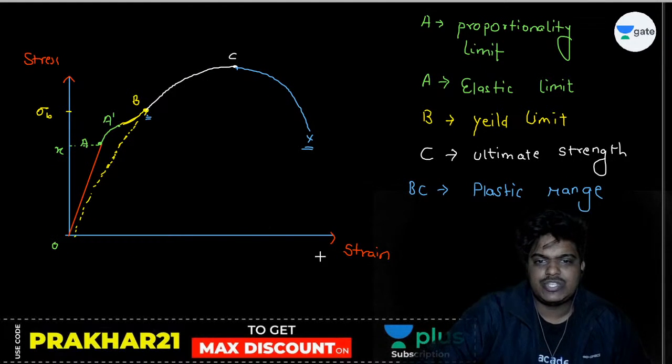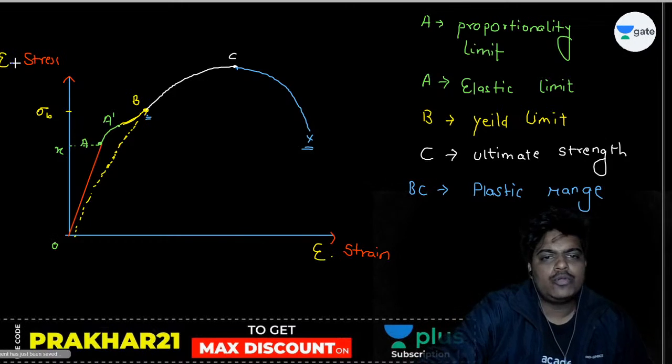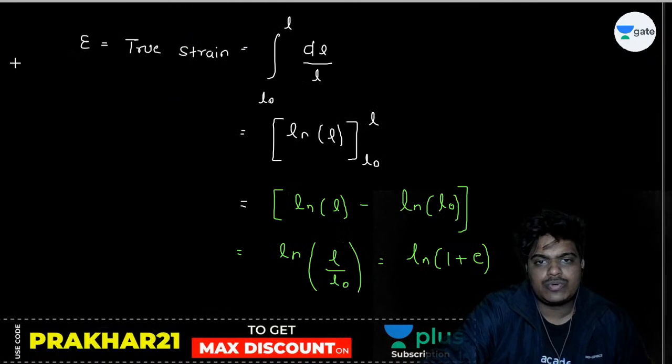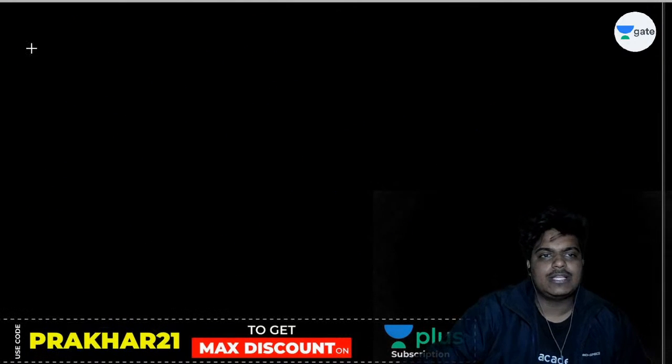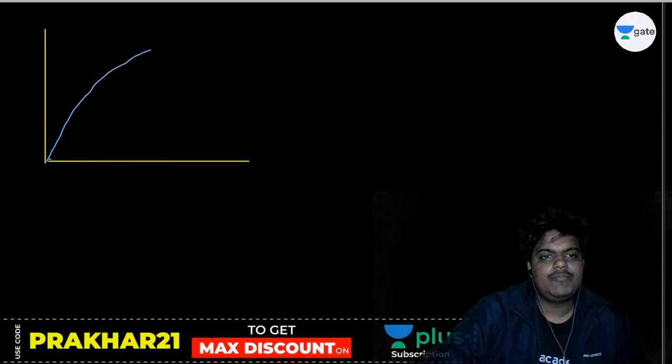And that is why when you try to draw the stress strain curve, देखो यहाँ पर जो stress strain है, this is engineering strain and engineering stress. Now if you try to draw the graph between true stress and true strain, it will look like this. This will be the graph between true stress and true strain.